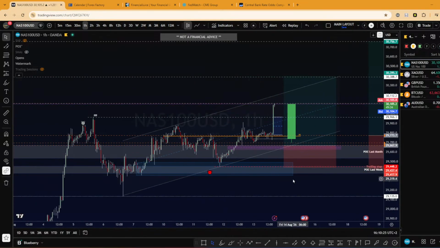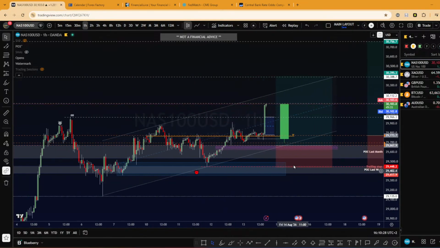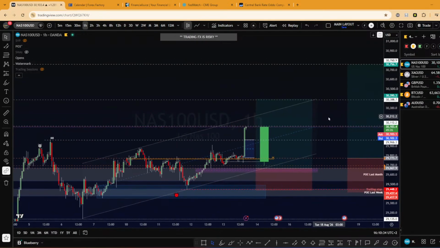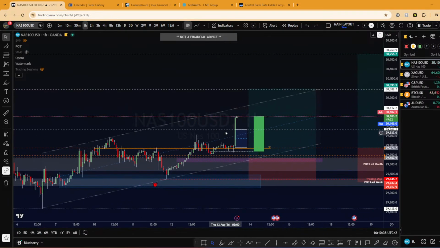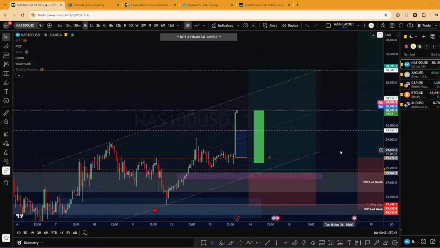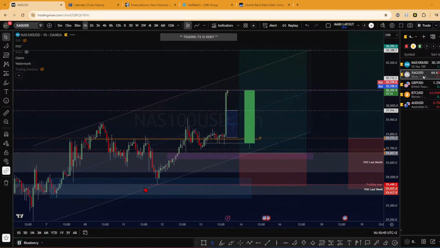Okay, there's nothing I can do right now on Nasdaq. This is too much volatility, and I don't want to chase price at this level. So yeah, I need some retracement on this one.